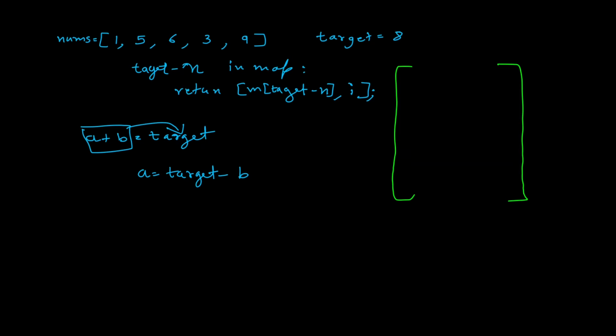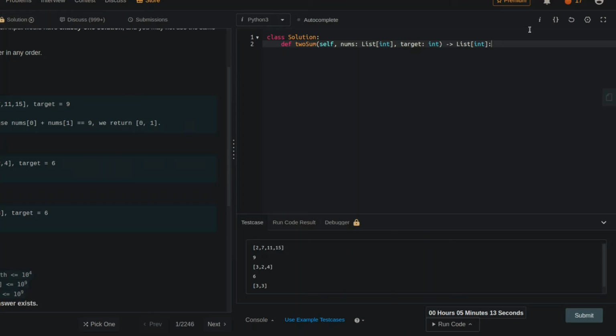Okay, so I will write Python code for this. Let's write some code. This is a map. Now we're going to iterate.